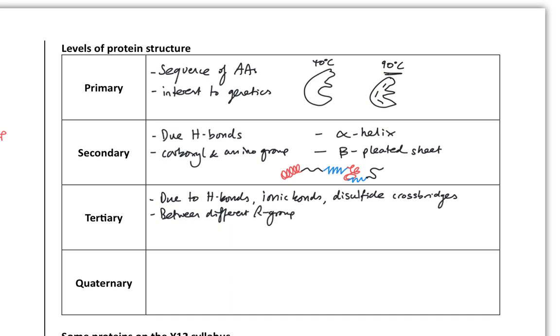Yeah, so the sequence of the amino acids determines the shape of the protein because of these R group bonds that form. And hydrogen bonds are again very easily broken with temperature. Ionic bonds are more pH, and disulfide bonds don't really break.